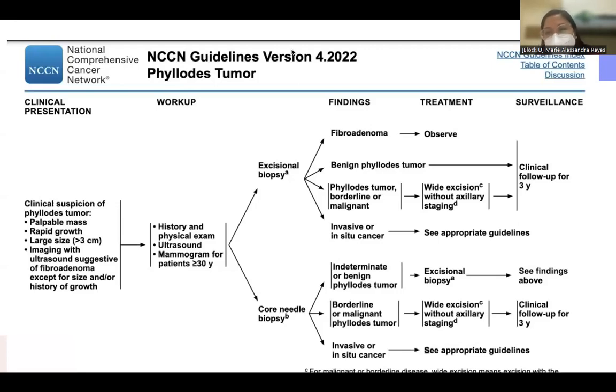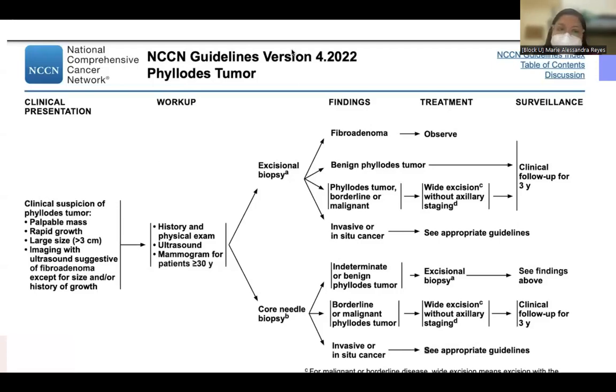The cost ranges from 100,000 to 250,000 pesos, and there are only limited capable hospitals that may do the resection.